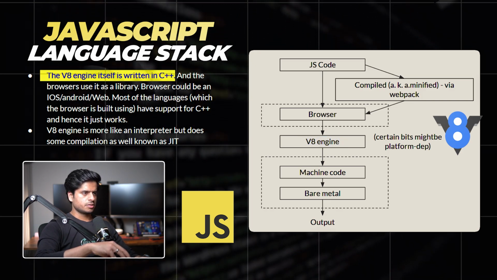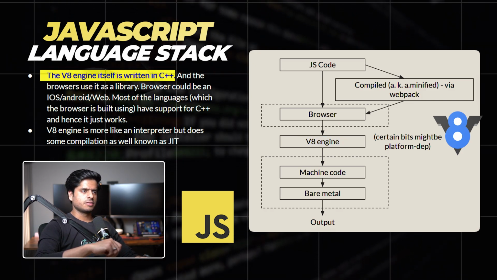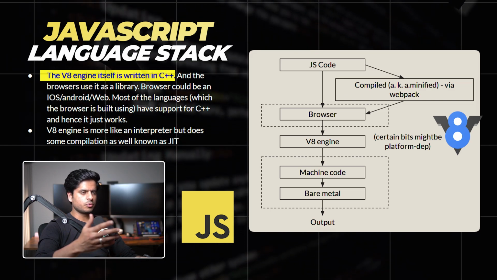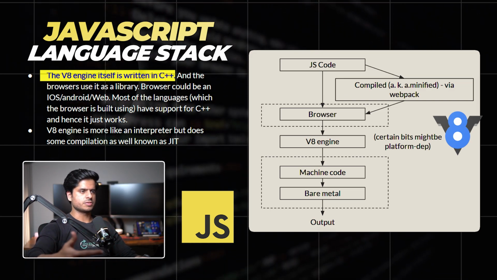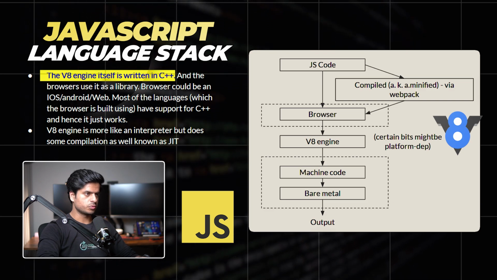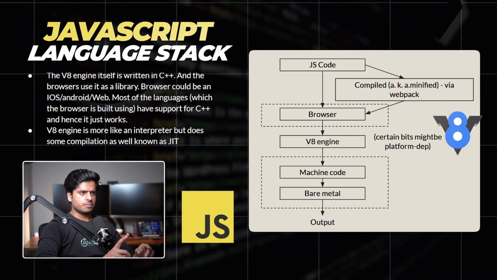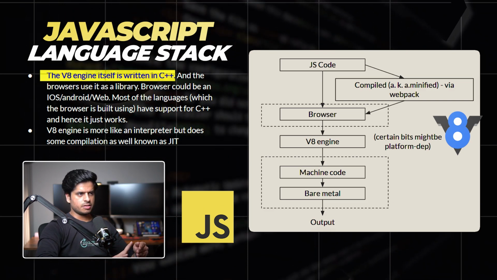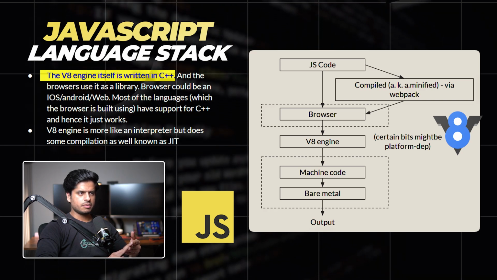Now, the V8 engine is written in C++, and most of the browsers across all the platforms can and do use the V8 engine. I could say that it is platform independent.